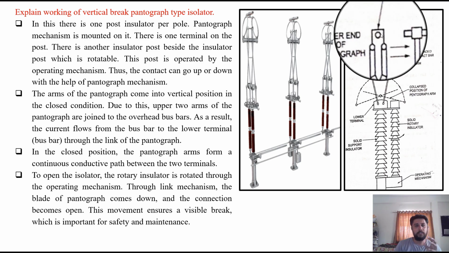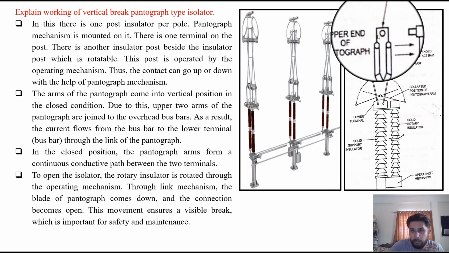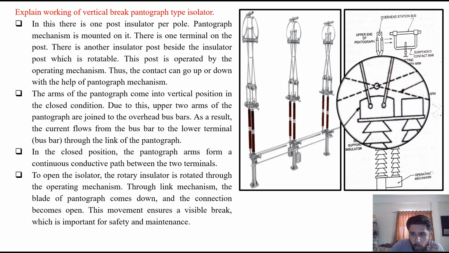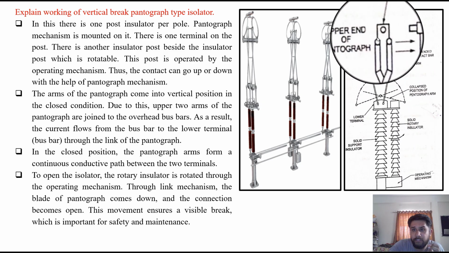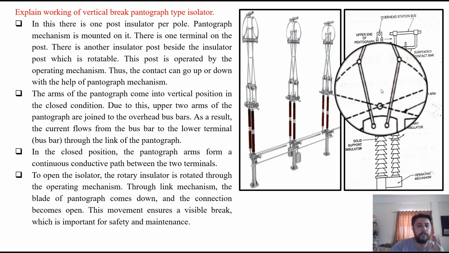As a result, current can flow from the bus bar to the lower terminal through the link of the pantograph like this. From this upper end, through this link, to this lower terminal, current flows from the bus bar to the lower terminal.